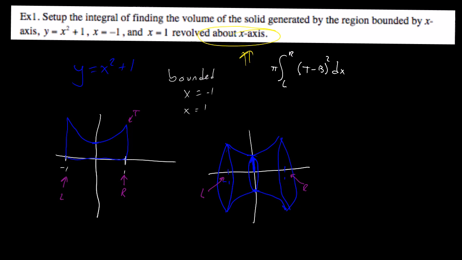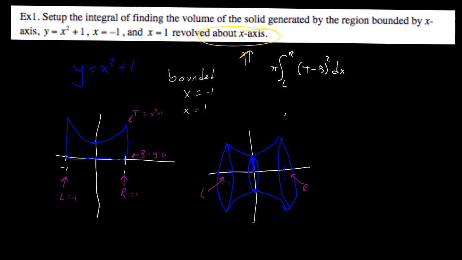And our bottom function, the bottom of our shape that we're revolving, is right here. So the top, we know, is x squared plus 1. We know the bottom is the line y equals 0. We know our left is equal to -1. We know our right is equal to 1. So now we just have to fill in the pieces.